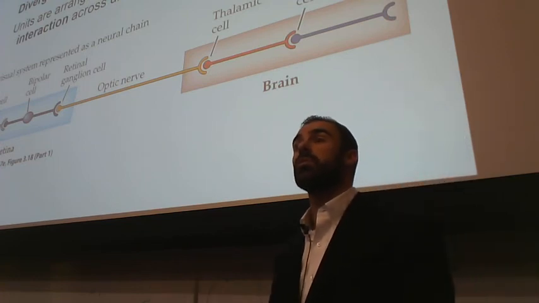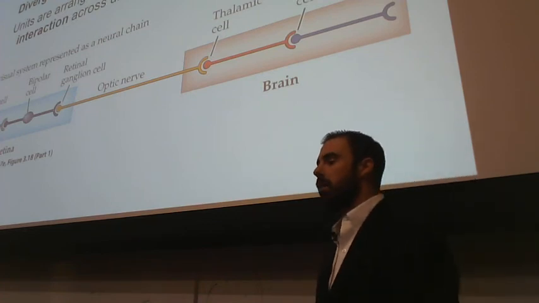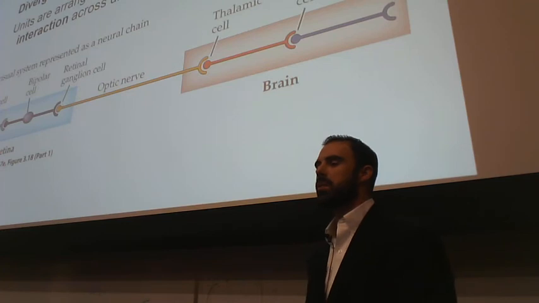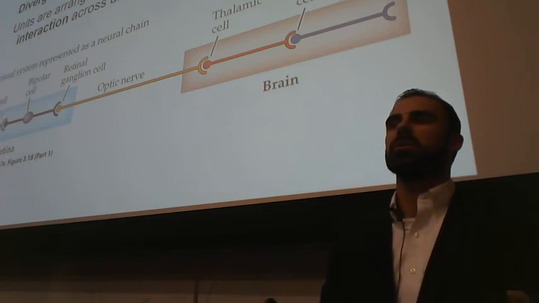We talked about temporal summation, spatial summation, and factors like that. Okay, I just wanted to sort of introduce this idea that we can start to understand how these neural systems are operating, both through what we call convergence and divergence.